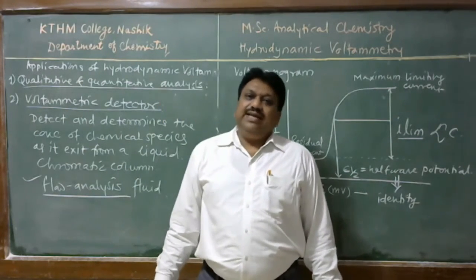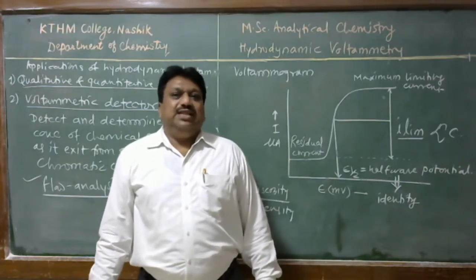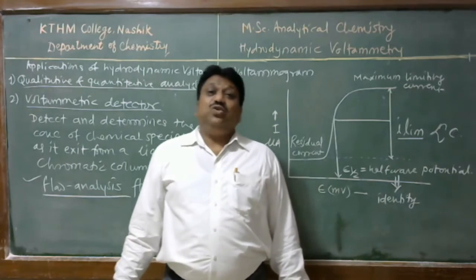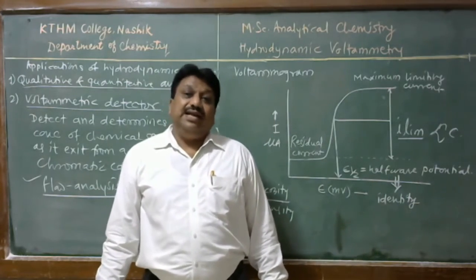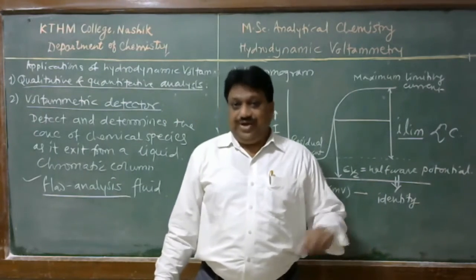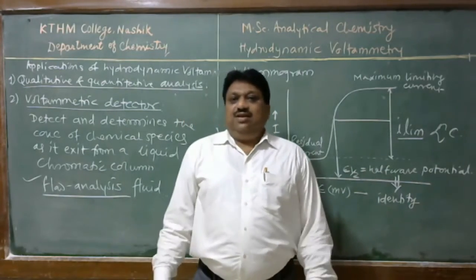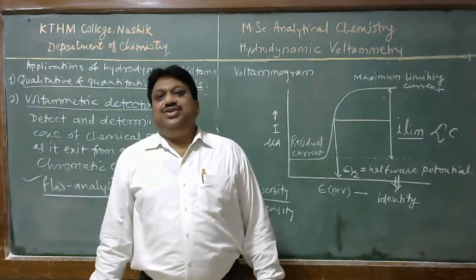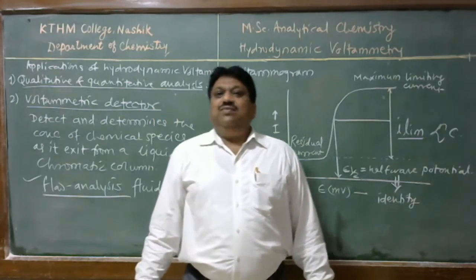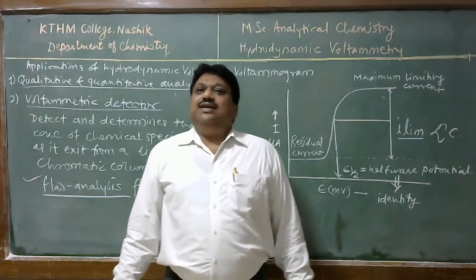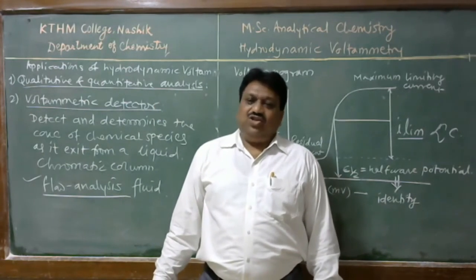Therefore, the working electrode is mounted in the path of the analyte solution and the potential is adjusted to a value where that analyte is either oxidized or reduced. When the analyte comes in contact with the working electrode, its oxidation or reduction takes place, and the resulting current is measured. That current is directly proportional to the concentration of the analyte.